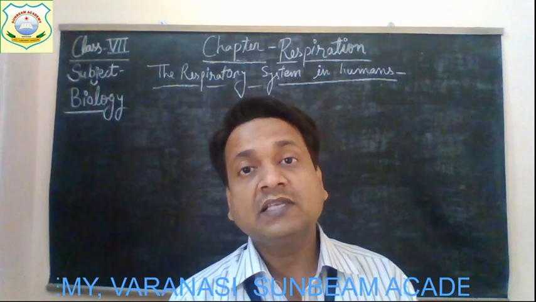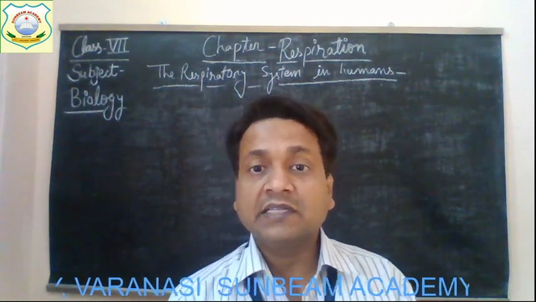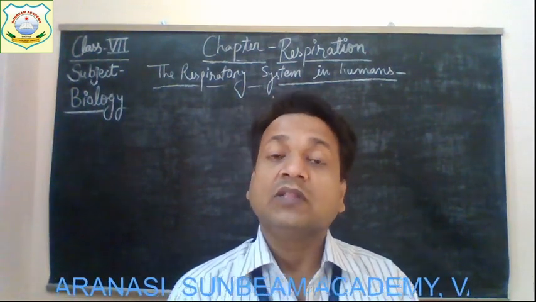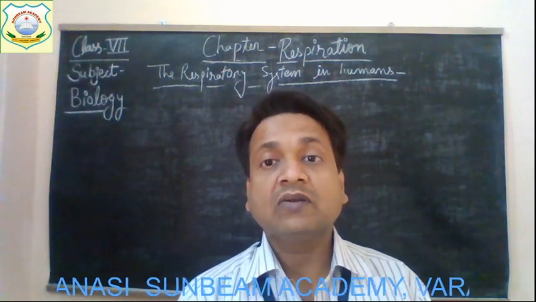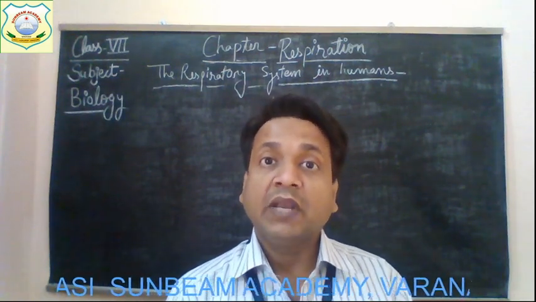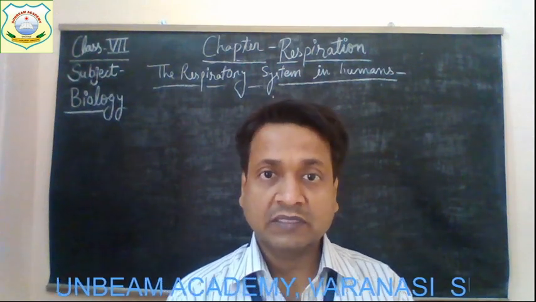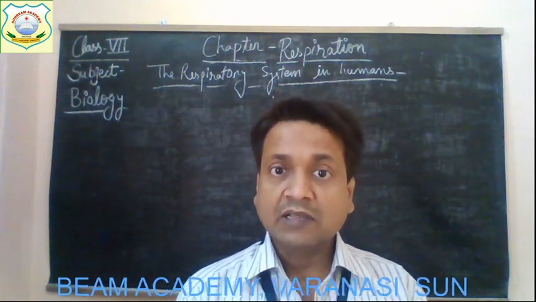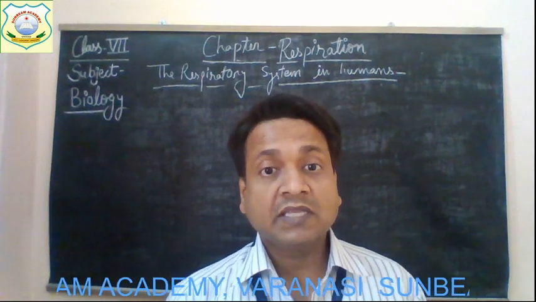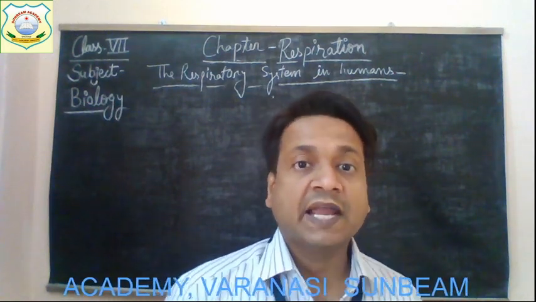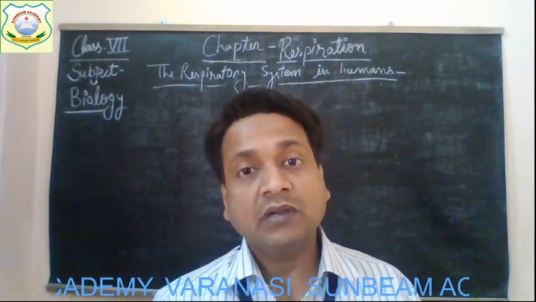And finally these bronchi enter the lungs. So these are the four important organs which play a role in the respiratory system in human beings. Okay, children. So I'm going to explain the same with the help of the diagram that is given in your book.